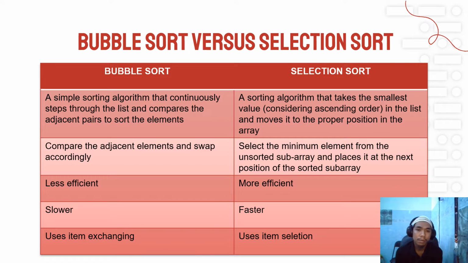Bubble sort is slower, but selection sort is much faster. And lastly, bubble sort uses item exchanging, but selection sort uses item selection. Okay, next I will pass to Hasif.